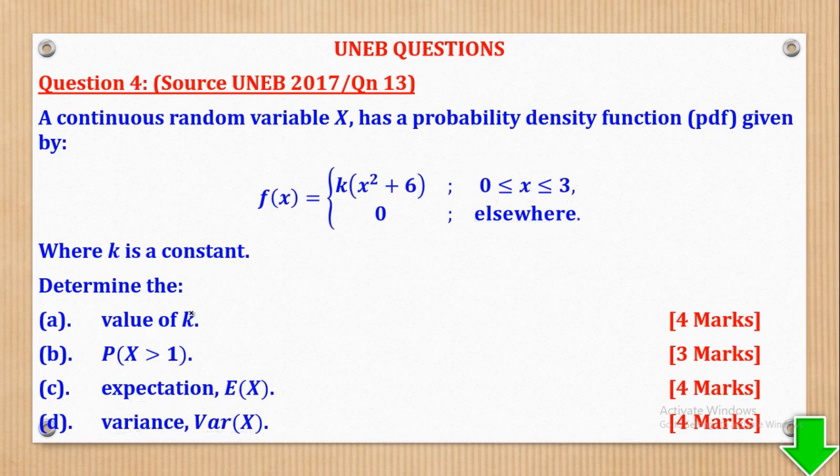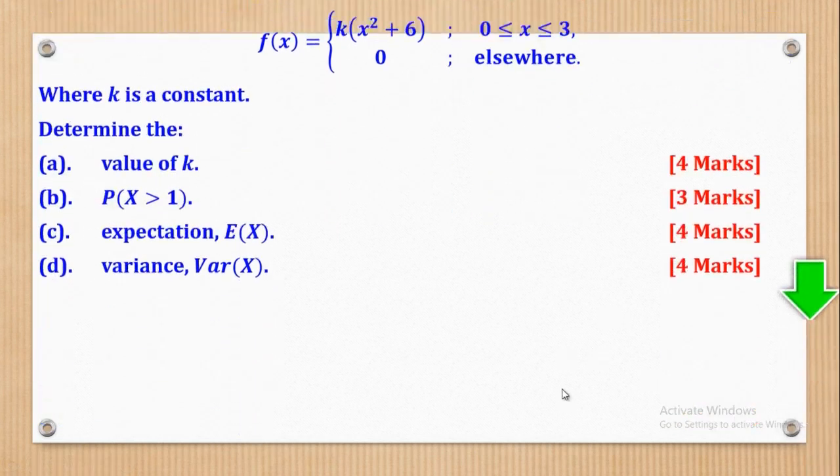So remember, K is a constant, and like we said, when they want the value of a constant, you have to remember the concept that total probability is equal to 1. So that is where we're going to start from. When they want the value of K, total probability must be equal to 1.